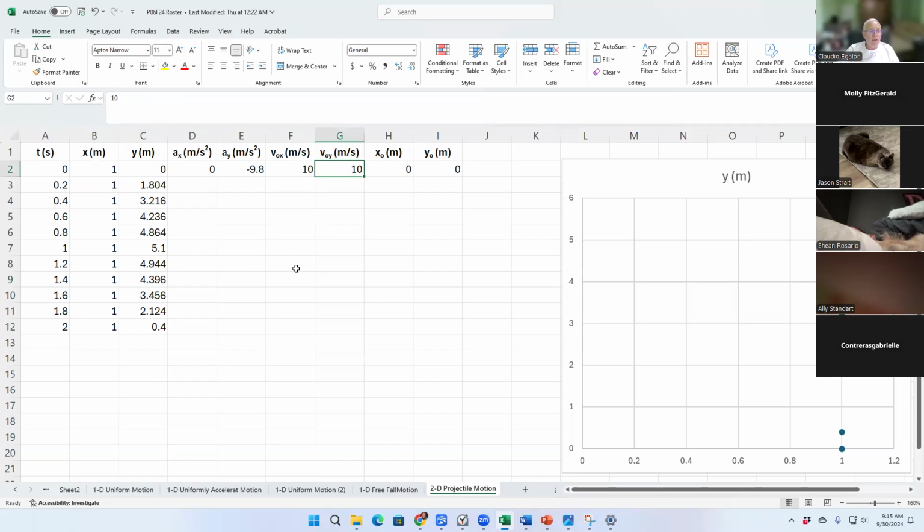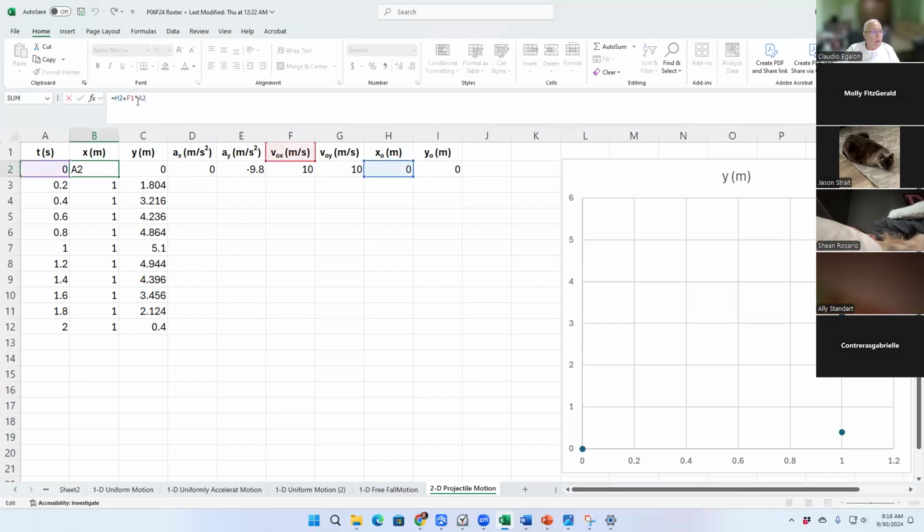It means that this one is upwards. This one, the velocity vector, is towards the right. x is going to be x naught plus V naught x times t.